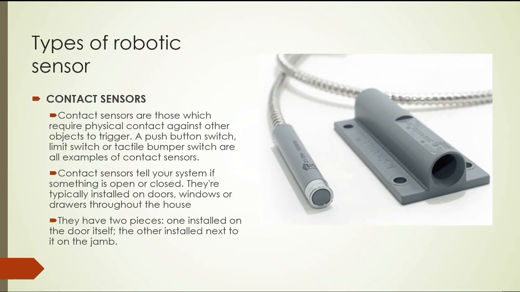So where can we use this one? If you have a door and you want to make the door open and close automatically, we can use this kind of sensor. They call it a contact sensor. Once the door is closed, it forms a circle and it will lock.